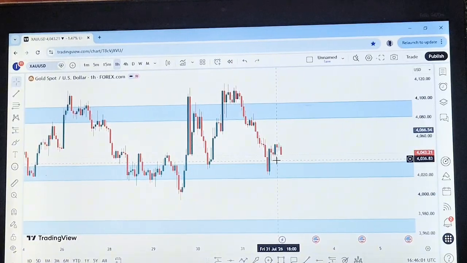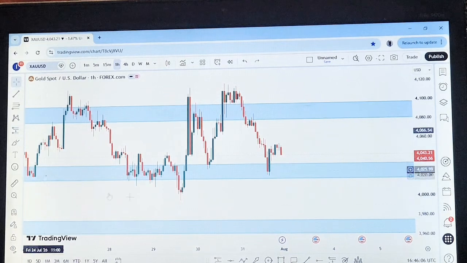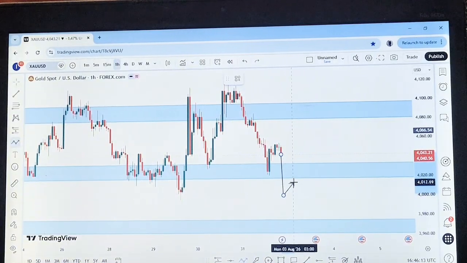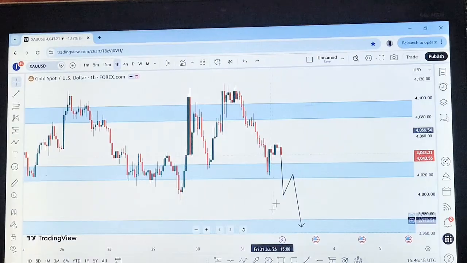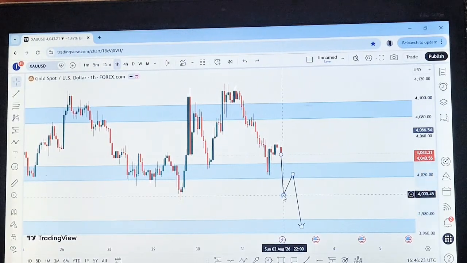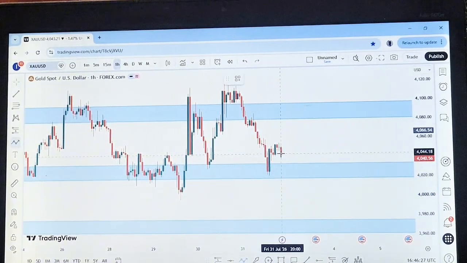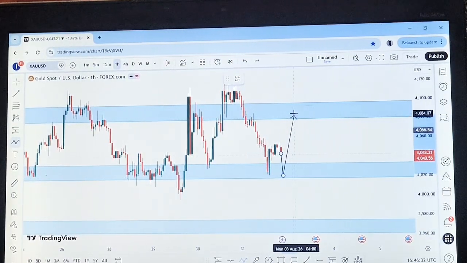What you're going to be waiting for is to see whether this market can come and give us another lower low, and then wait for the retest to sell to this zone. Or another thing this market may do is come and give another bottom right there, and push up aggressively.